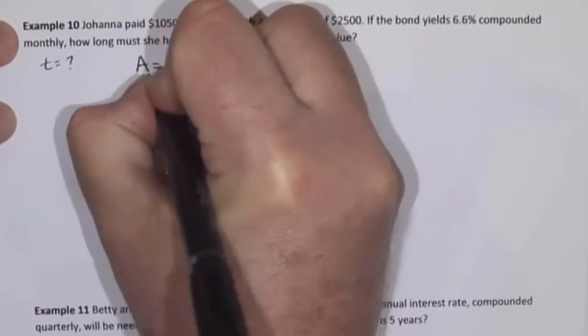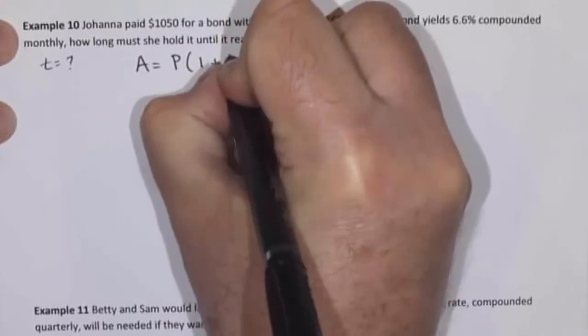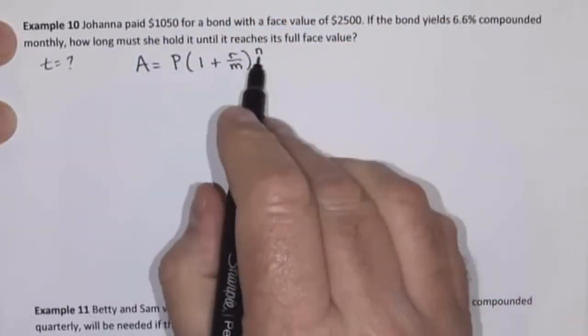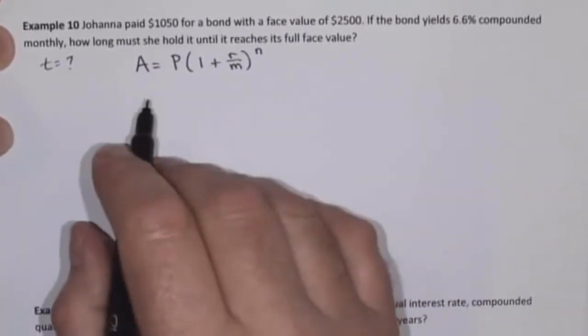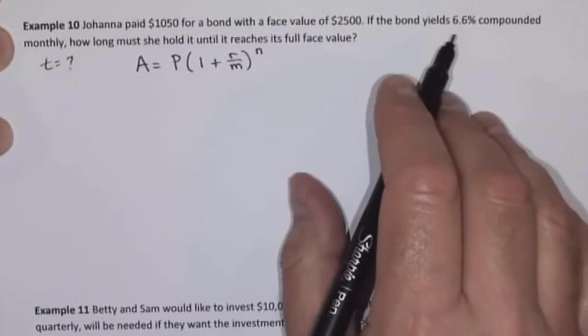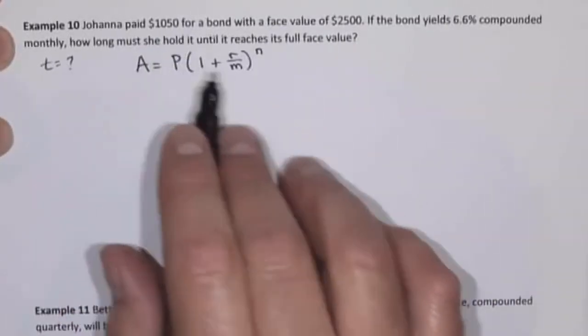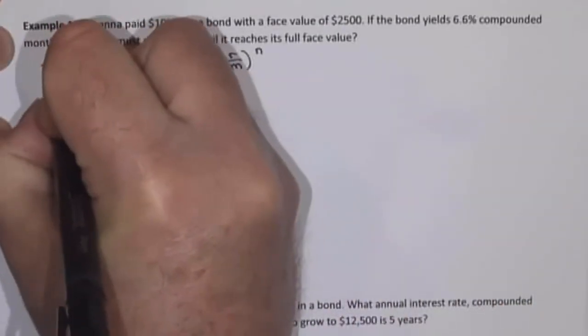So let's write that down again. A equals P times (1 plus r divided by m) raised to the n power, where n is m times t. So I can fill in what I know. I know that Johanna paid $1,050, so that is the principal.